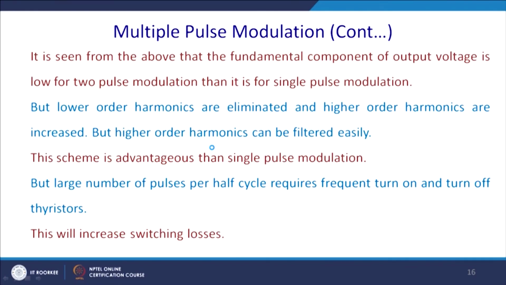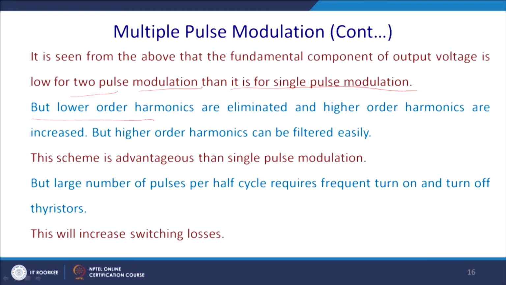So, what can we conclude now? It is seen from the above fundamental component that the output voltage is lower for the 2 pulse modulation than for the single pulse modulation. Single pulse modulation gives around 75% with the same duration, but there is a catch here.